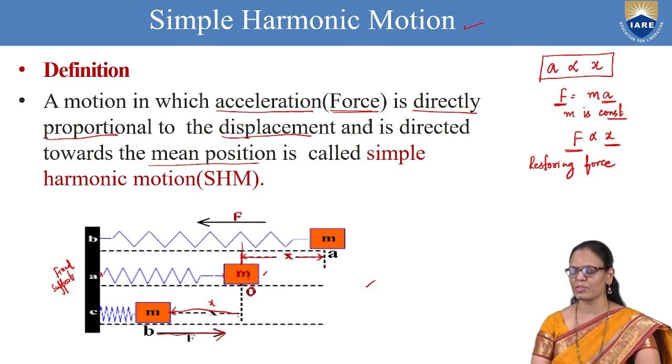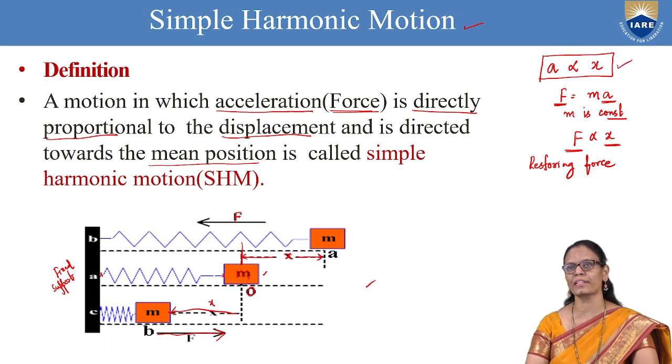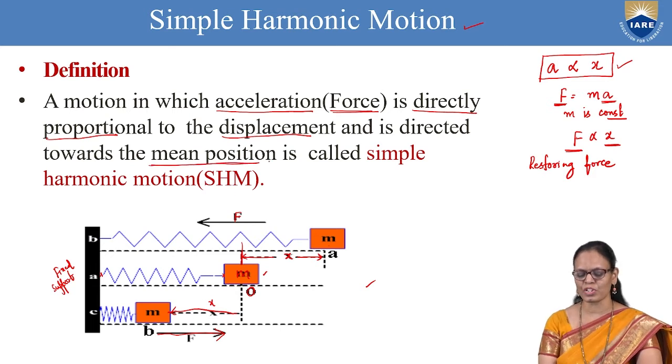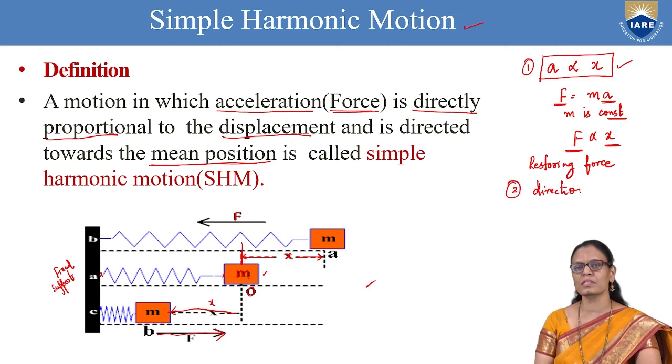So two things we need to understand. The acceleration is directly proportional to the displacement, and it is always directed towards the mean position. The first point is this, and the second point is the direction. Direction here is always towards the mean position. Then you say it is in simple harmonic motion.